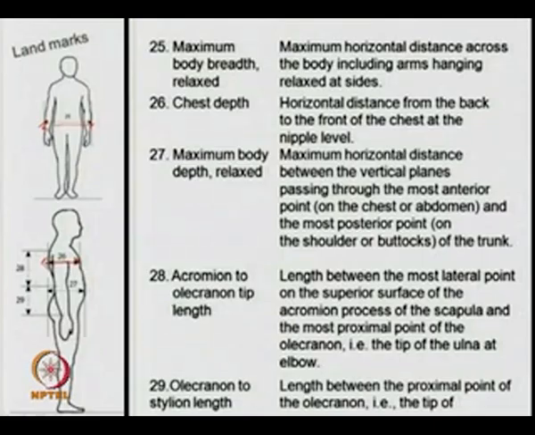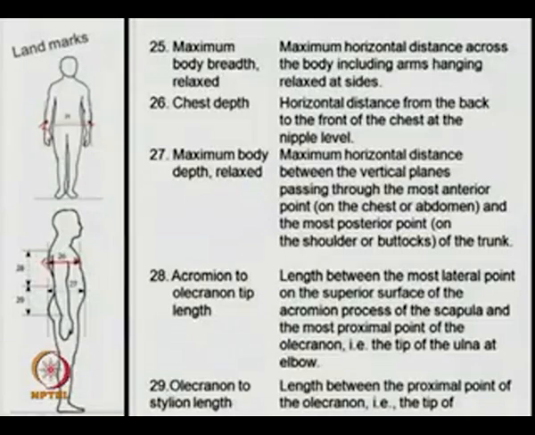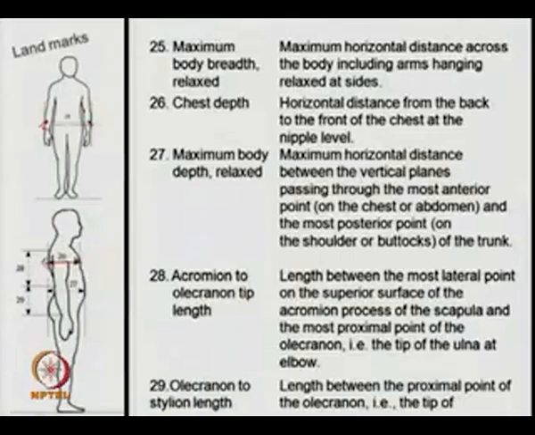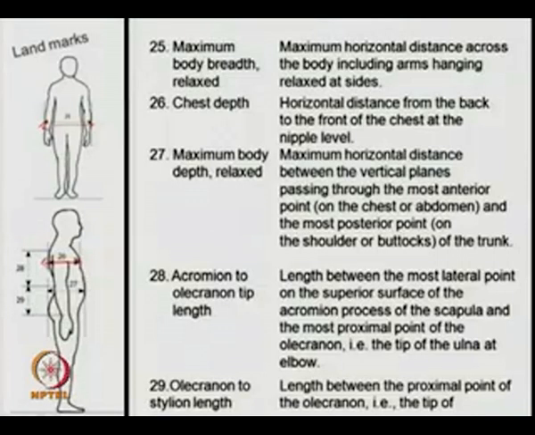Then acromion to olecranon tip: this is from the acromion point to the olecranon tip, and olecranon to stylion length, and so on. So, if we read this: maximum body breadth relaxed, chest depth, maximum body depth relaxed.